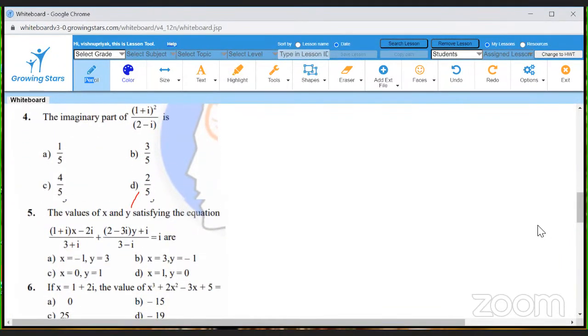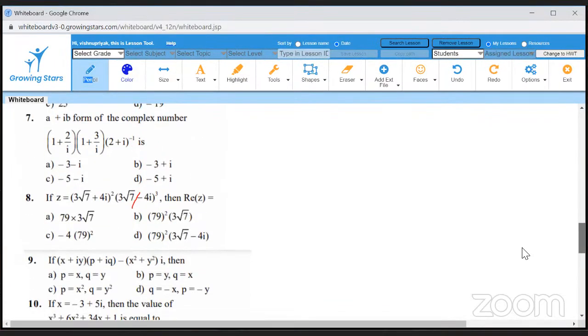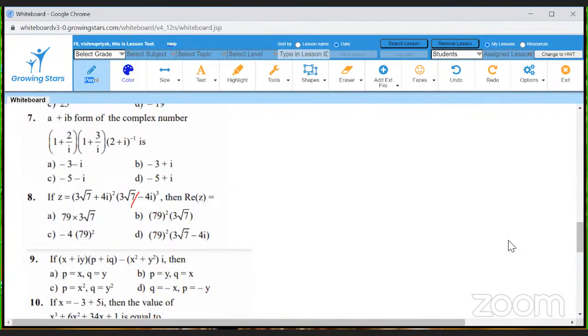This is 4 to 6. 7 to 9. Okay, Swati, good. You are showing more interest in studying. Very good. Then 10 to 12.